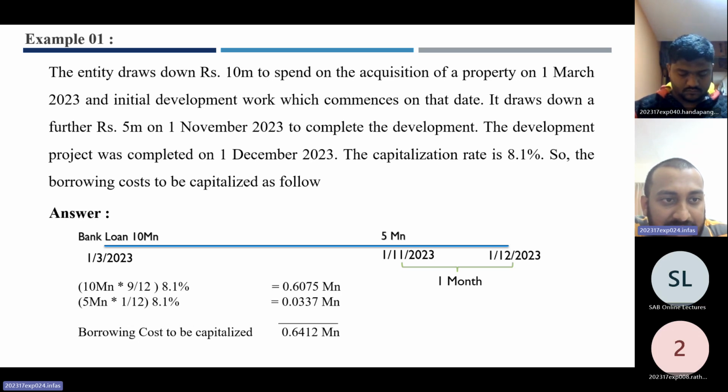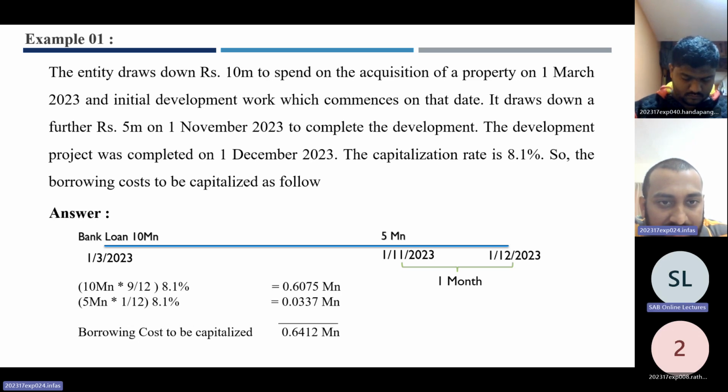When we capitalize this cost, first the 10 million, until 1st December 2023, they utilized for 9 months at an 8.1 interest rate. Then it becomes 0.6075 million.